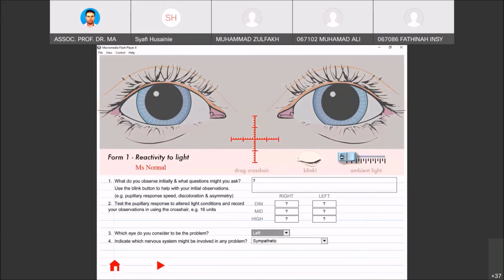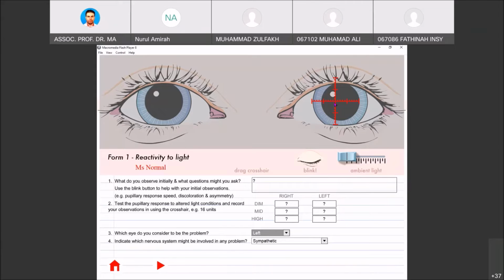Amira, can you see what happened to the pupil size? It dilates. Pupillary dilation. Yes, dilation. In pupillary dilation, can you tell us the measure based on the crosshair that I'm using here? The diameter measure from one side to the other? Horizontal, 16 units.